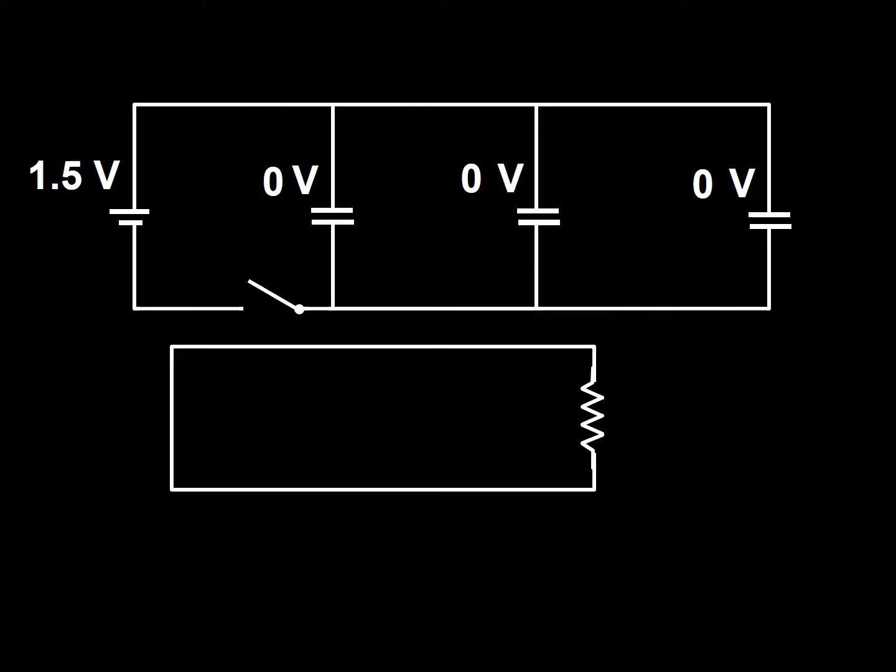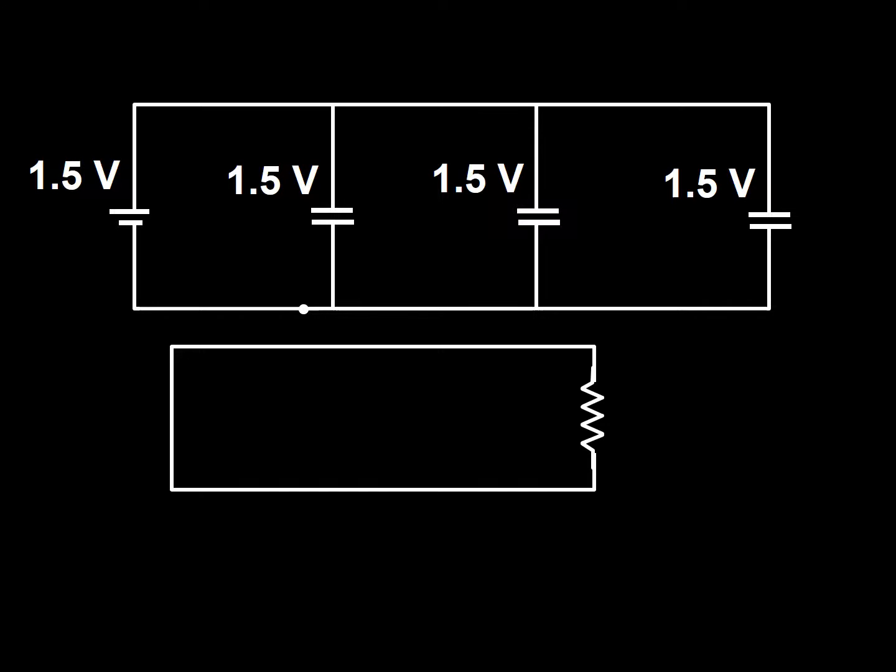In this frame, the parallel capacitor circuit on the top is open, so the capacitors are not exposed to current. In this frame, the parallel capacitor circuit is closed, so the capacitors are exposed to current and become charged.